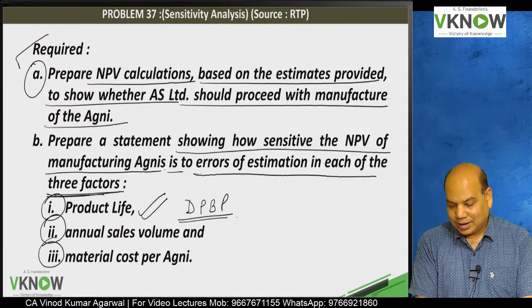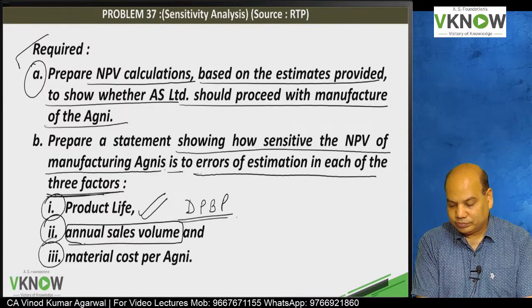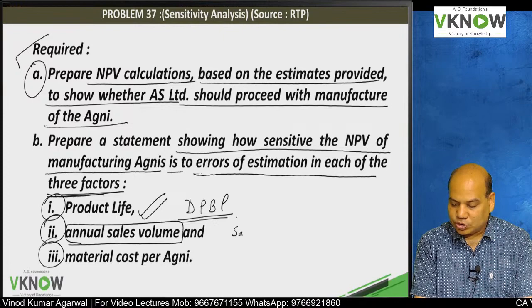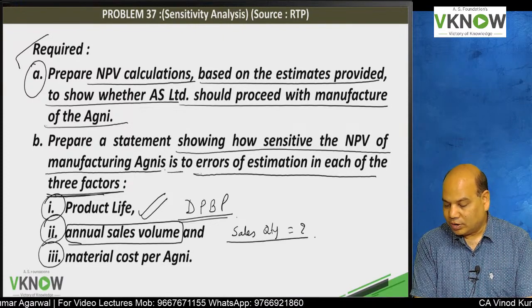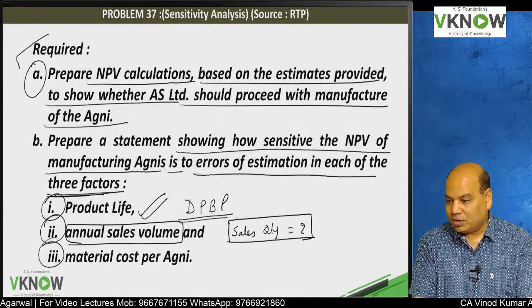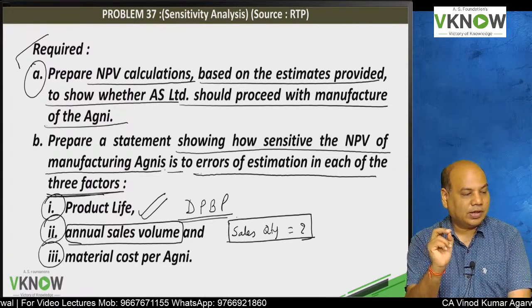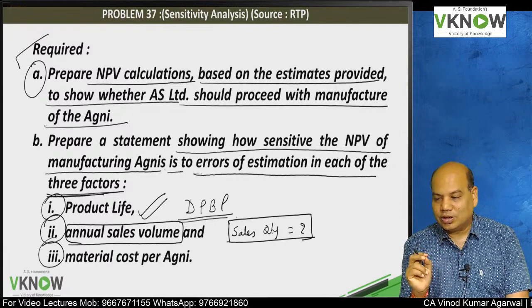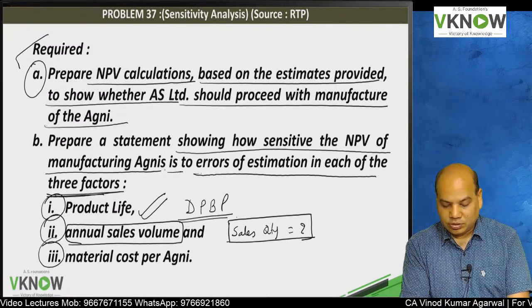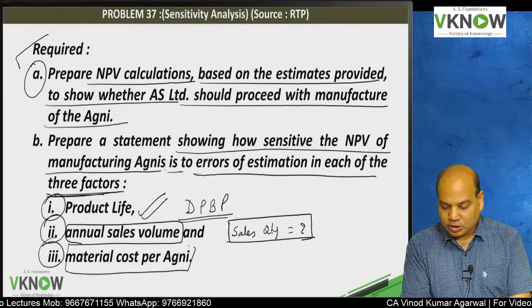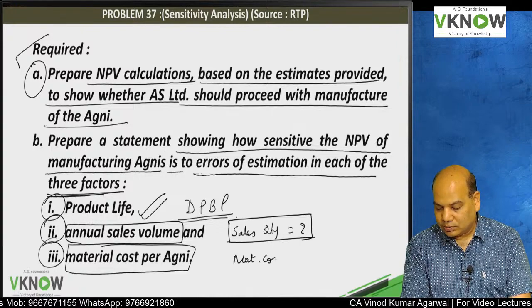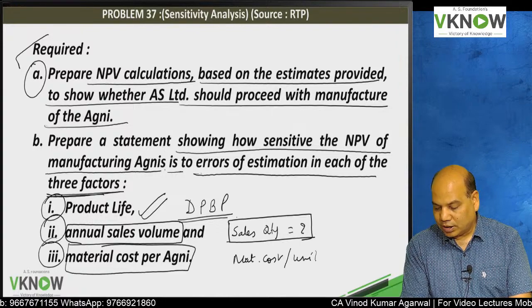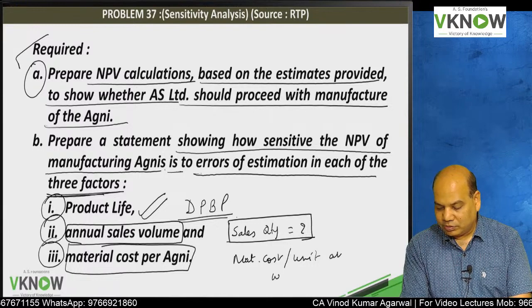Annual sale volume, what should be the sales quantity at which NPV will be 0. And then what should be the material cost per unit at which NPV will be 0.